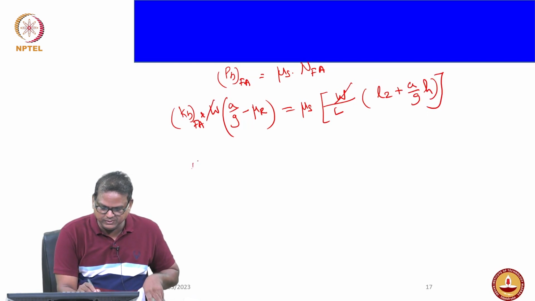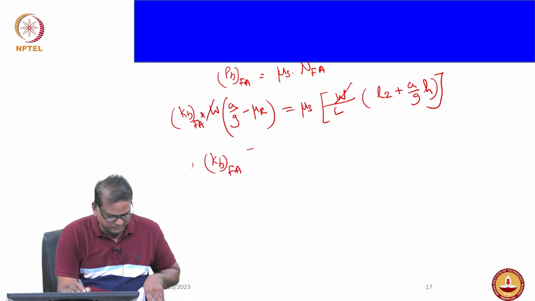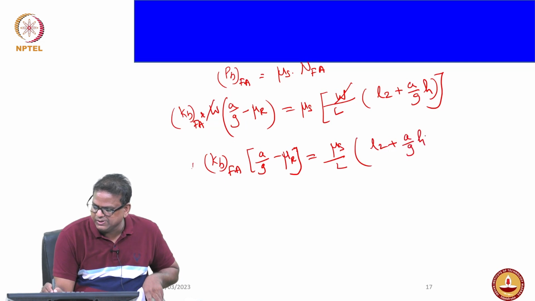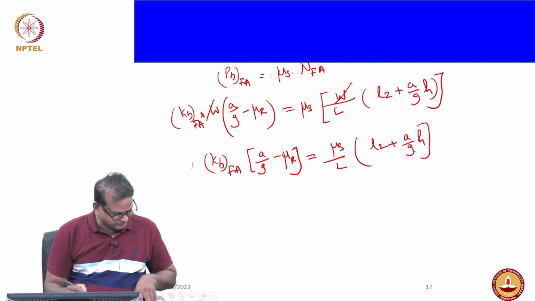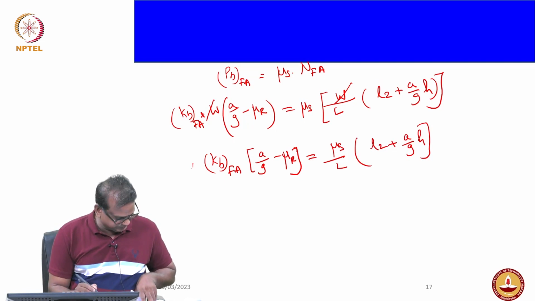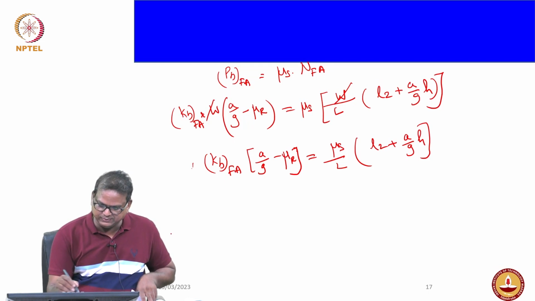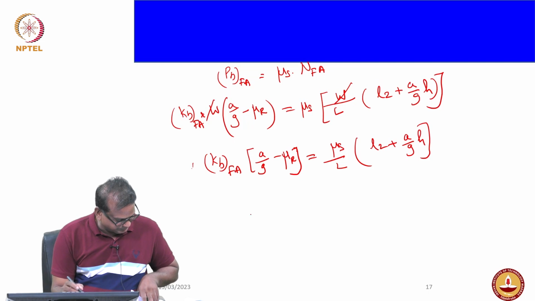The remaining will be K_BFA, A by G minus mu R. Okay. You have mu_s L, L2, A by G H. This is what happened. Now I am going to separate these terms because I need to bring A by G to one side, and the other things will be on the other side.